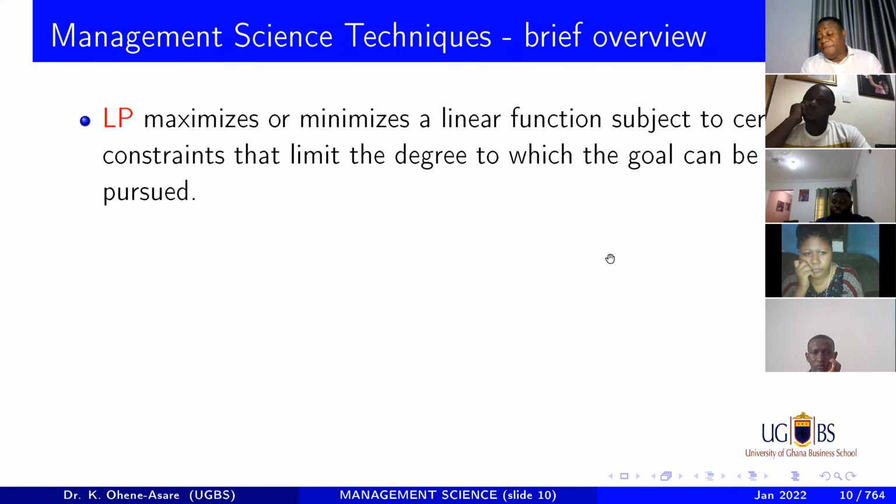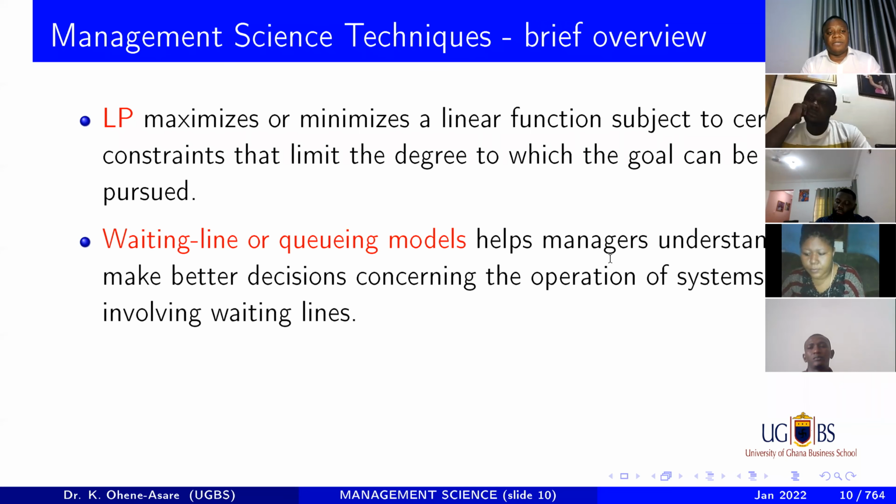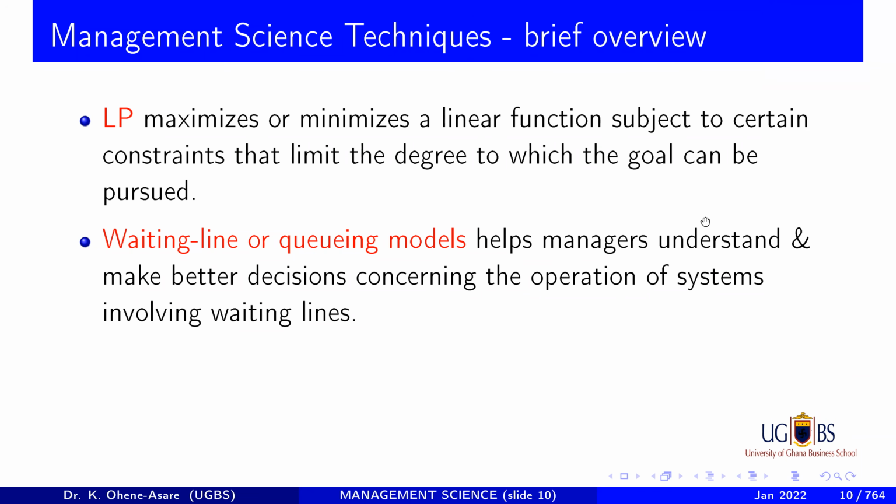So let's take a brief overview of some of these things. Linear programming we are going to do today, so I will not dig deeper into that. Queuing models help managers understand the best way to reduce queues. So what it means is that by the time you finish this course, you can be able to develop a model to reduce the queues that build up in your company or in any particular company.